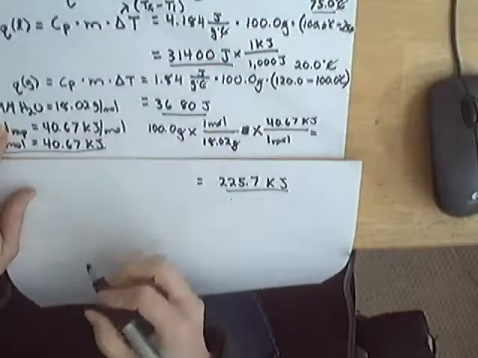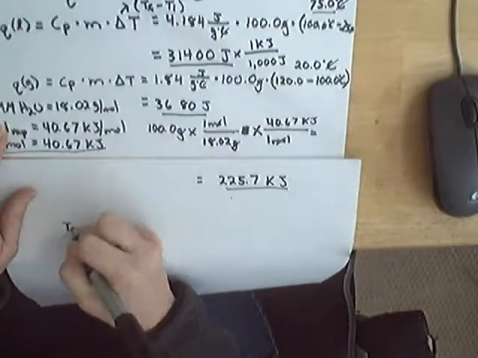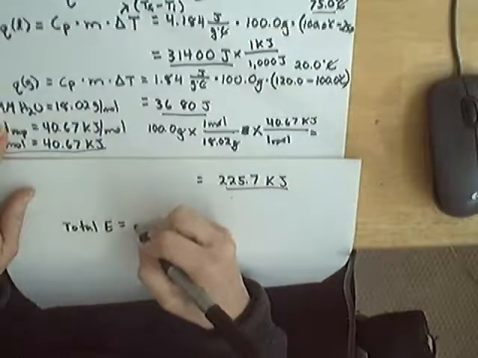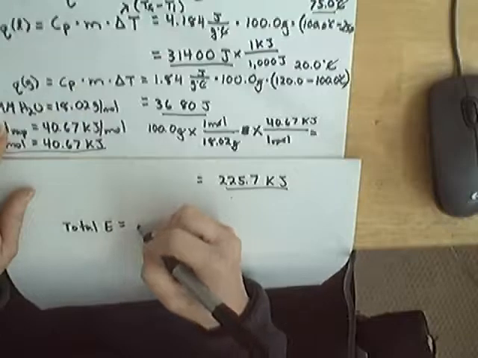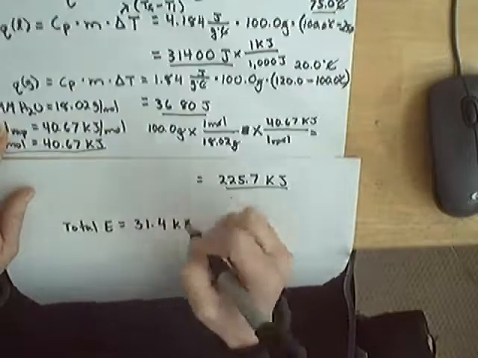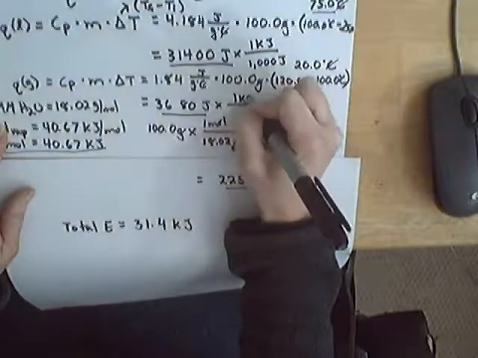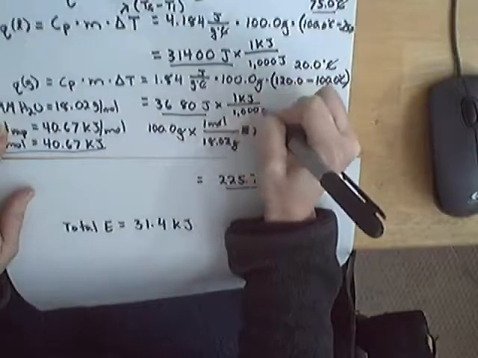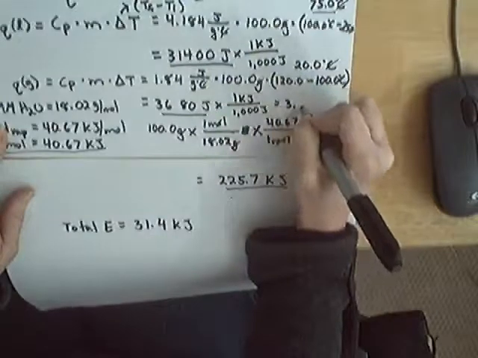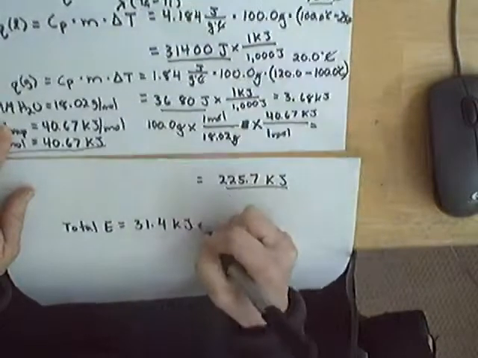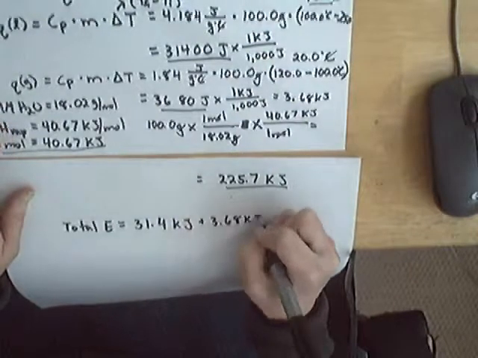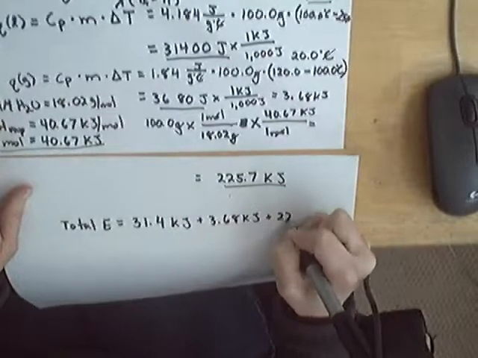So what that gives me, I'm going to write this down at the bottom here, right? Our total energy is going to be the amount of energy it takes to heat the liquid, that's 31.4 kilojoules, plus the amount of energy it takes to heat the gas, that's 3.68 kilojoules, plus the amount of energy it took to do the phase change.